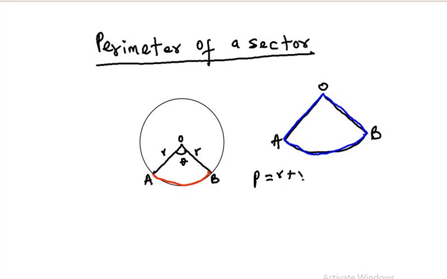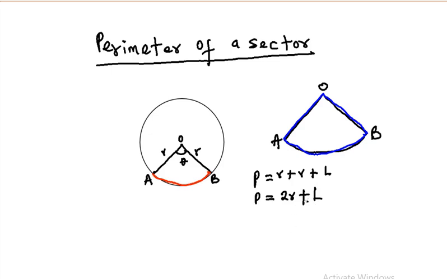OB is still R, plus A to B, which is an arc. Yes, arc AB. So we'll add arc AB. Let's call it the length of the arc, that is, L. So AB is the length of the arc. Putting this together, we now have P equals R plus R is 2R, then plus L.